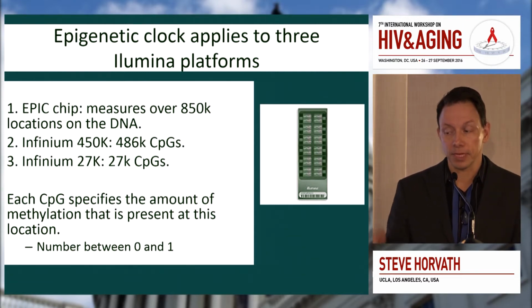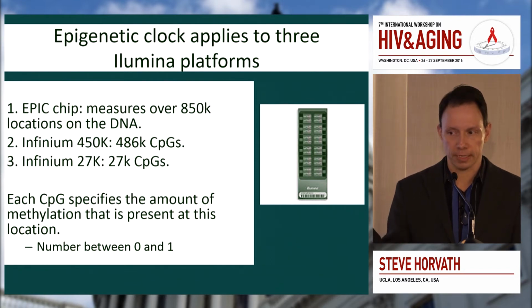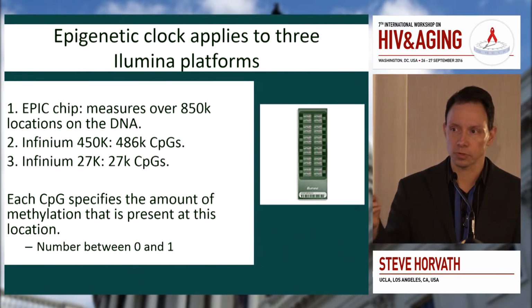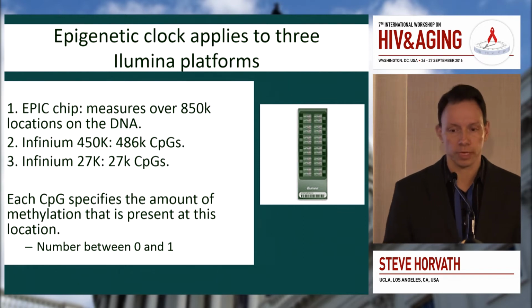And the measurement gives you a number between 0 and 1. 0 means this cytosine is unmethylated in all cells. 1 means it's methylated in all cells. And 0.5 would say that in 50% of chromosomes there is a methyl group, and in 50% there isn't at this particular location.